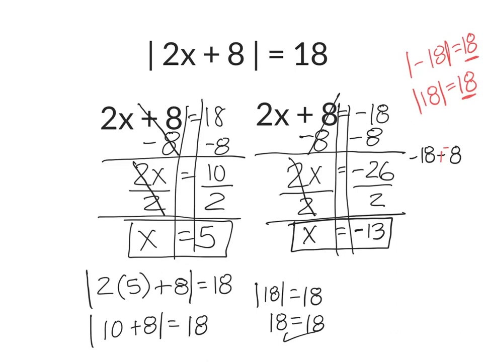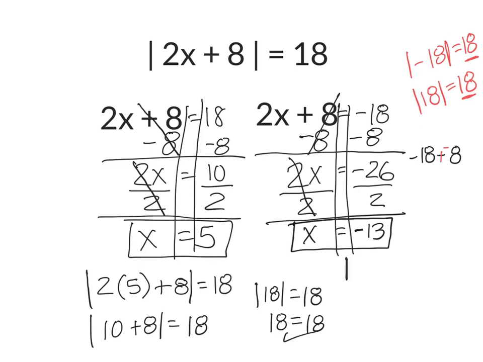And we don't choose which one of these is correct. They are both correct. We already saw how when I put in 5 for x, in the end it equals 18. Now I'm going to show you how if I put negative 13 in for x, it also equals positive 18.